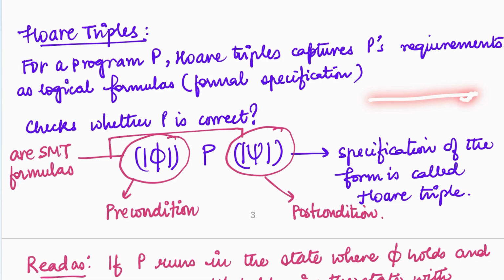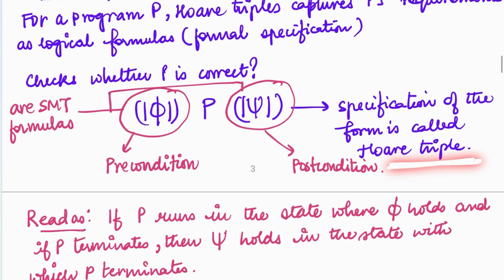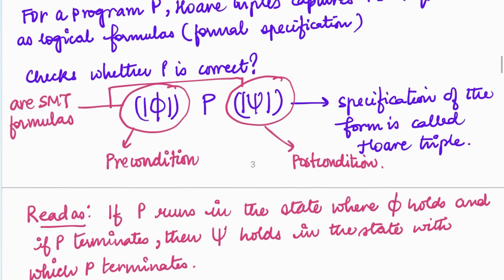If it is not correct, it will not give it and you need to iterate. But for now, let us assume the program is correct and you get phi as well. Now this complete specification is called a Hoare triple. We read it as: if P runs in a state where phi holds, and if P terminates, then psi holds in the state with which P terminates.